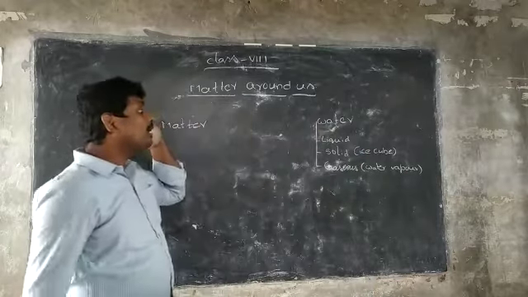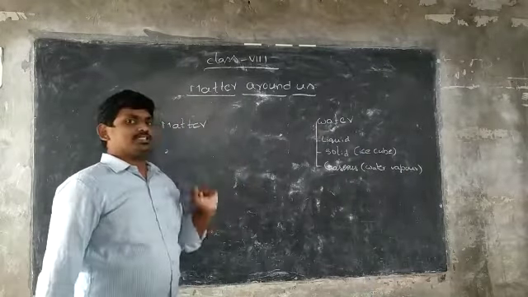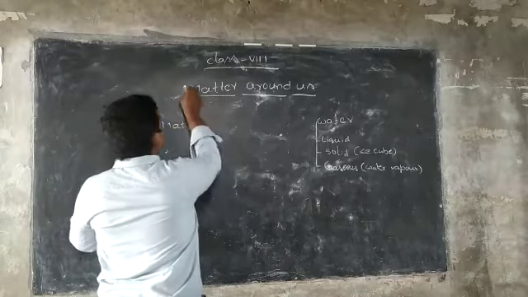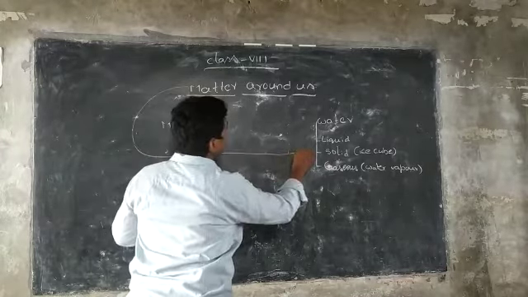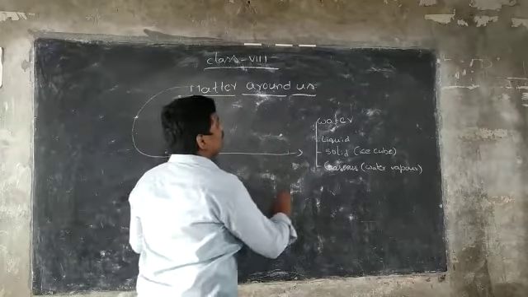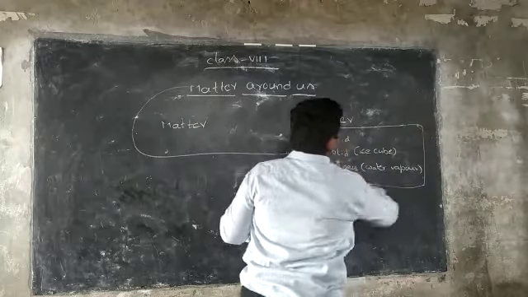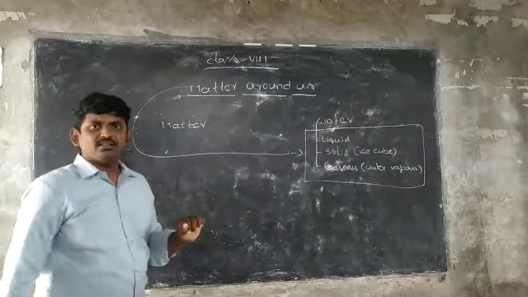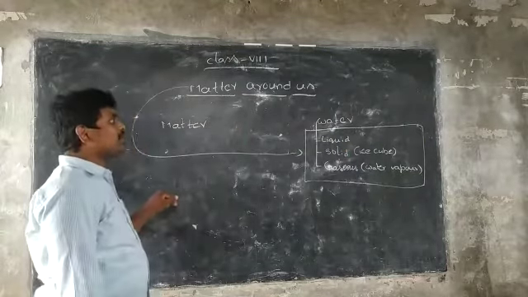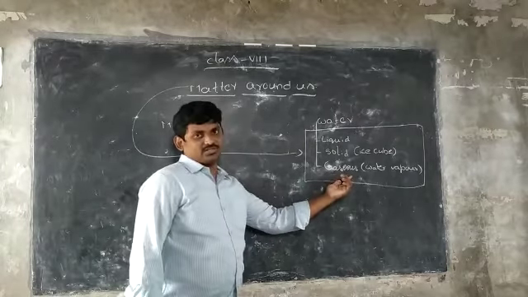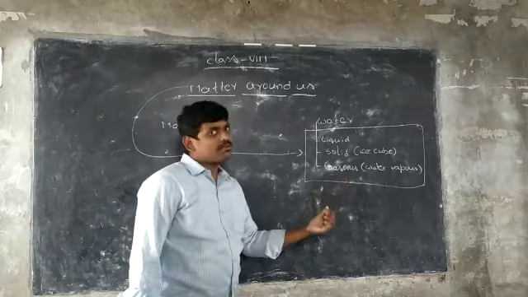So from this we can conclude that every matter in this universe occurs in one of these three states. Can you give examples?